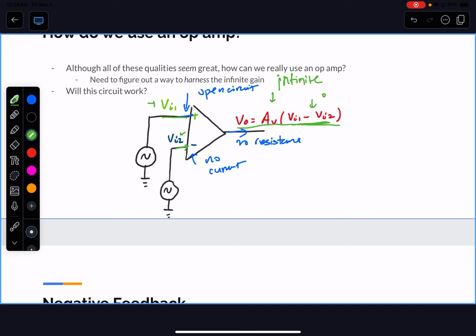Okay? Anything unclear so far? VI1 has to equal VI2. So their difference is 0, and your amplification is almost infinite, so it comes out to be a finite voltage. I know that sounds really strange, but that's how the ideal op amp works. In real life, you will have a slight difference between these two ports, and your gain will still be huge, but it acts like a differential amplifier.